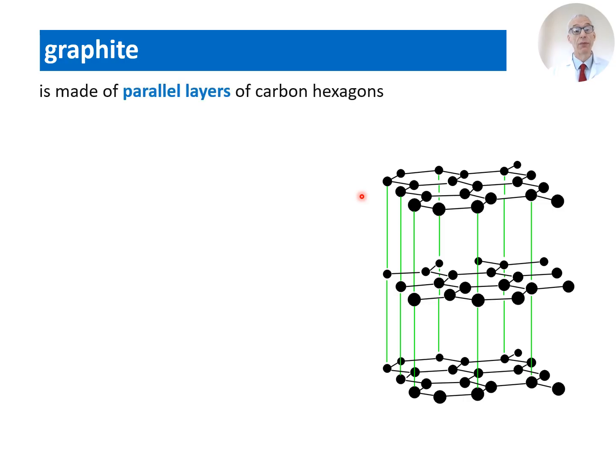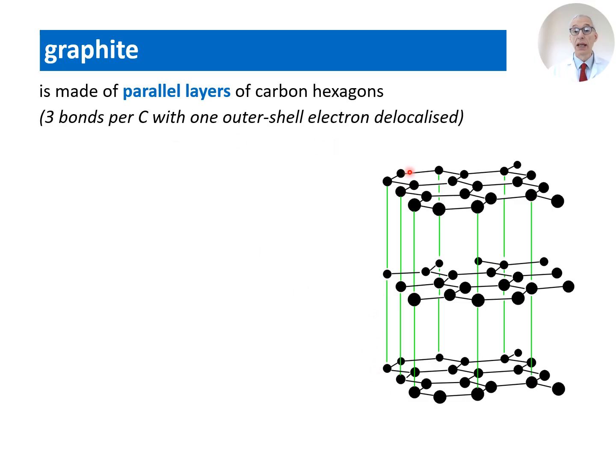Okay, so I hope you can see that the carbons arrange themselves into hexagons, and that those hexagons form parallel layers. Each carbon, 1, 2, 3. This carbon I'm highlighting, 1, 2, 3. Each carbon forms covalent bonds with 3 other carbons.